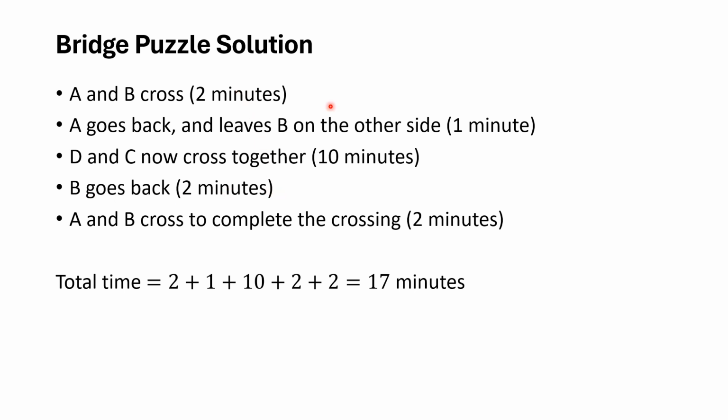So we've got 3 minutes, 13, it's 15 minutes. And then A and B, being the 2 fastest, are only constrained by the time of B, and that takes 2 minutes. So 17 minutes: 2 plus 1 plus 10, plus 2 for the last 2 trips, and everybody's across, and they cut the rope, and they're all safe.